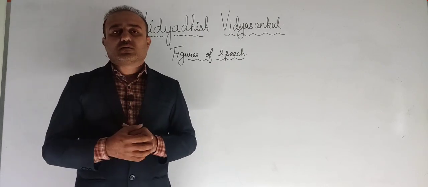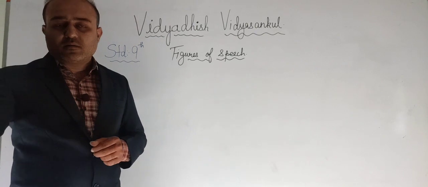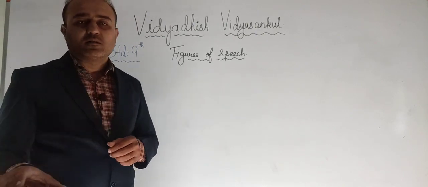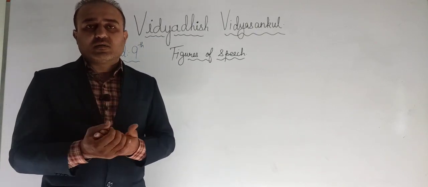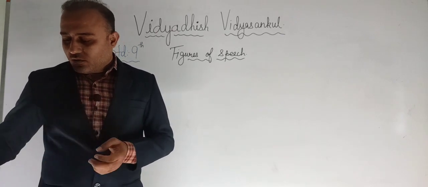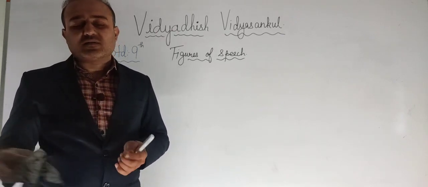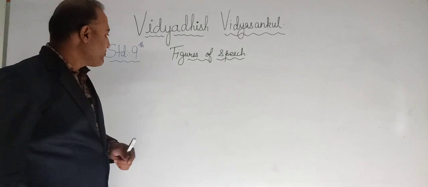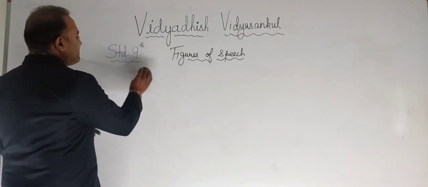Now we'll move towards another part of the figure of speech. We'll try to understand some more figures of speech and proceed with this topic. So the first figure of speech which we'll study today is apostrophe.